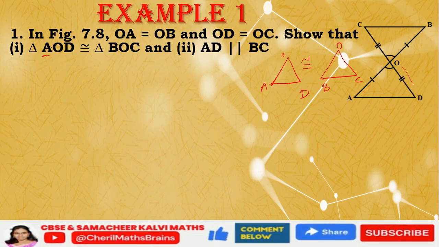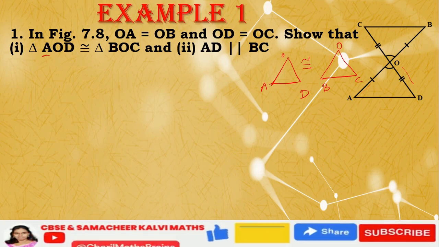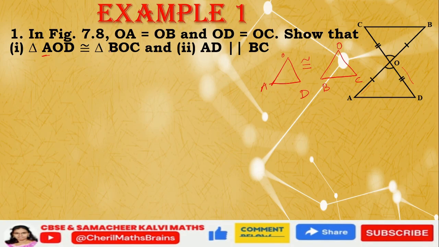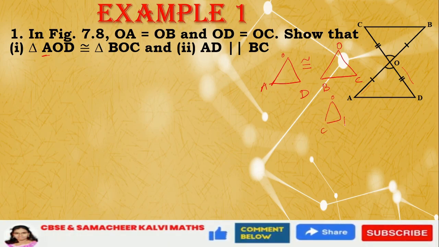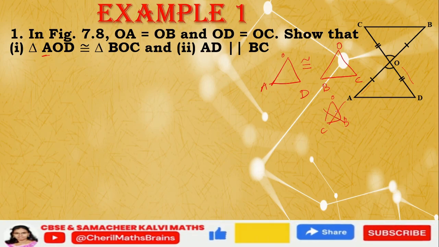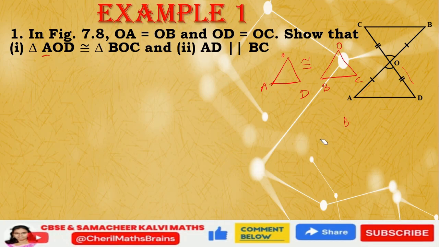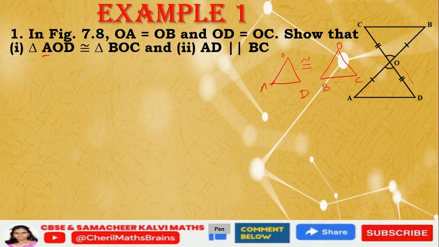If you have AOD and BOC, when they are giving it as a triangle, however you write AOD, the same way you need to write BOC. You cannot write it as COB. If you do, it might give you a wrong answer. Even if the triangle is in such a way, you will have to redraw it.